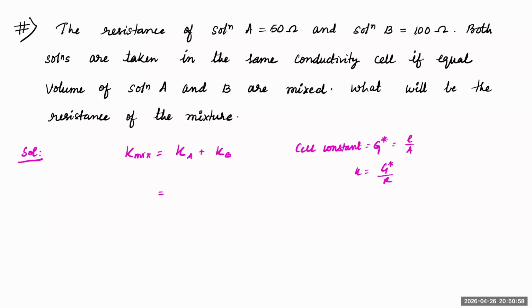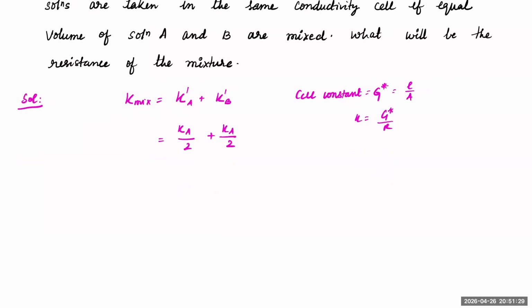But here is the interesting part. This Ka plus Kb is basically the original, I'll write it as Ka dash here, and this will be equal to original Ka by 2. Why by 2? Because the minute you double the volume, the number of ions between the plates will also become half of it. So therefore, conductance will also become half of it. This is what will happen.